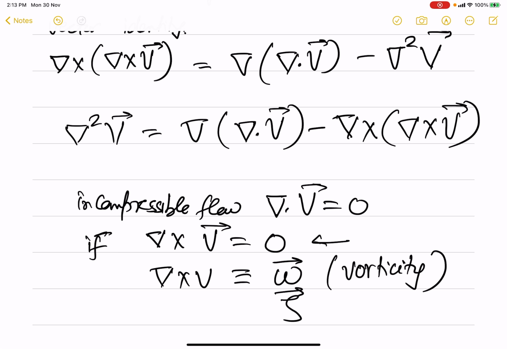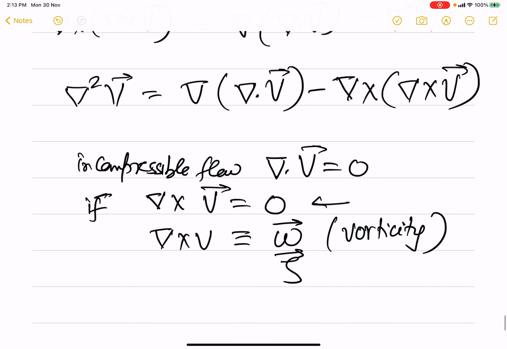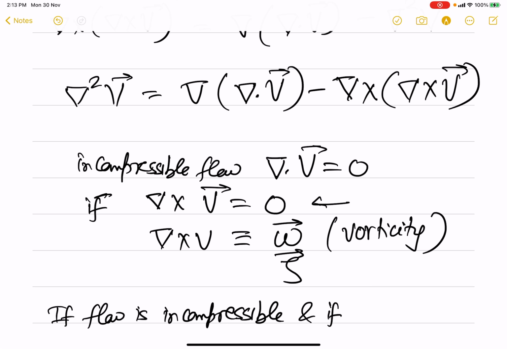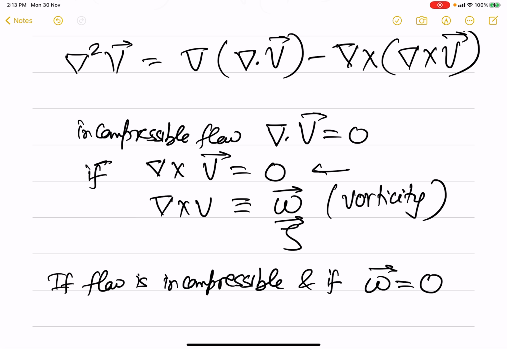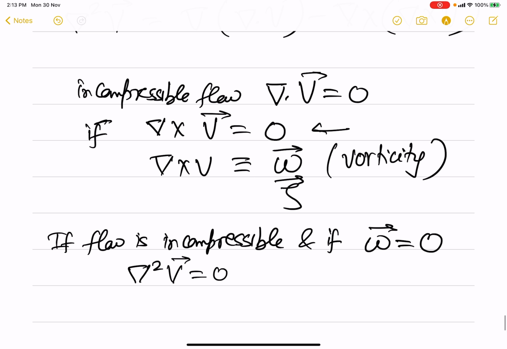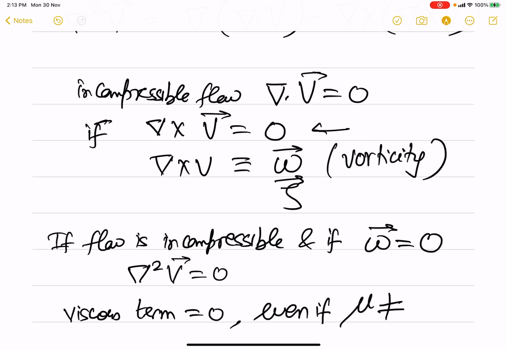So if the flow is incompressible and if omega, which is the vorticity, not the angular velocity, is equal to 0, then del square V is equal to 0, and in such flows the viscous term is equal to 0 even if mu is not equal to 0.